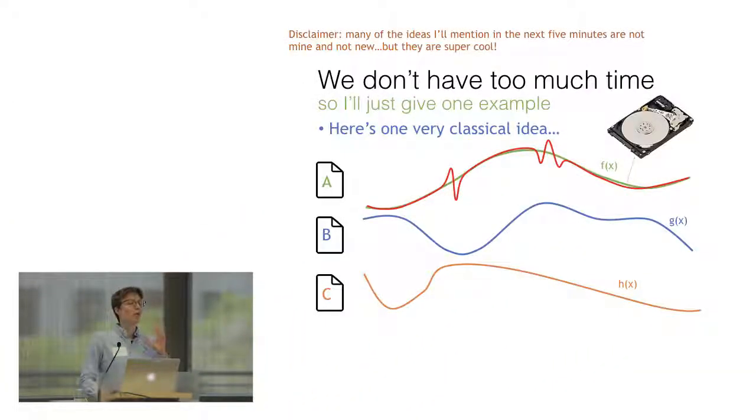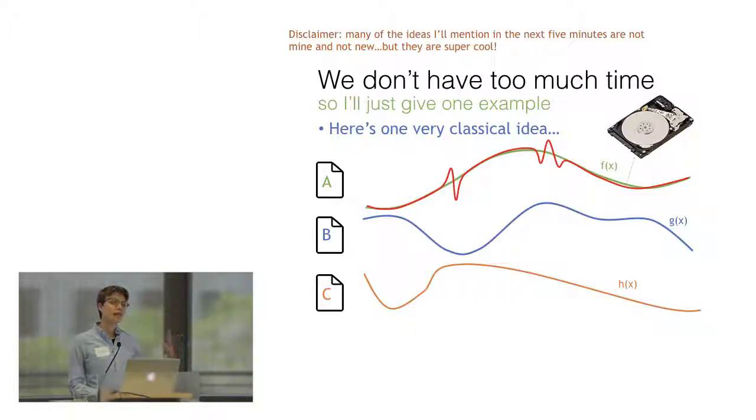So here's one very classical idea in coding theory. Suppose I want to store some files on some hard drive, like this. And I know that something bad is going to happen to it. Maybe the disk is going to degrade. What do I do? One extremely classical solution is the following.